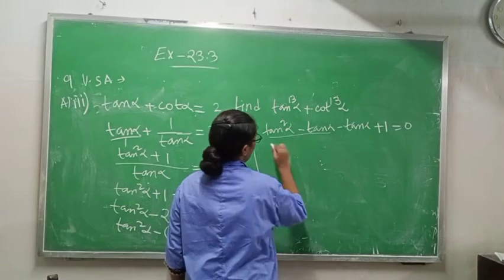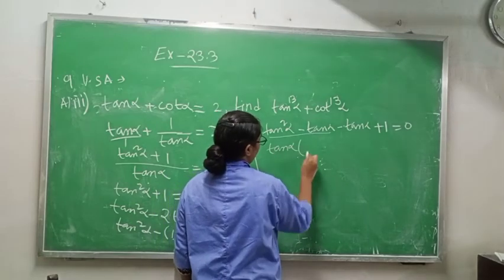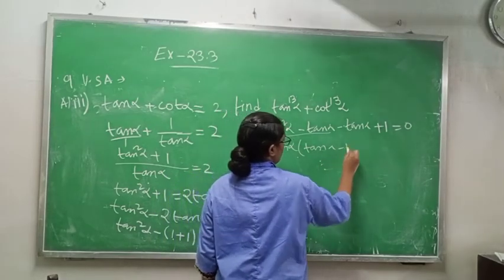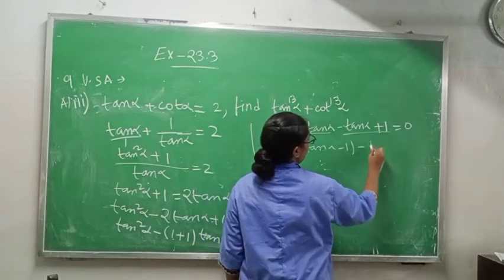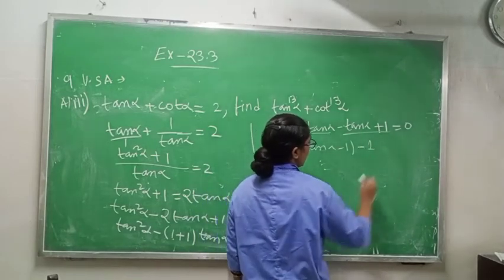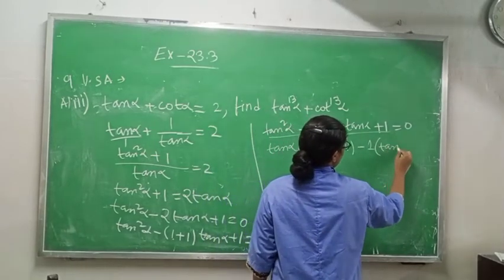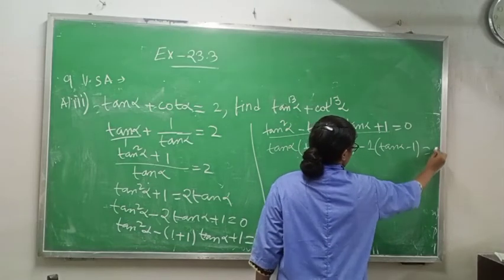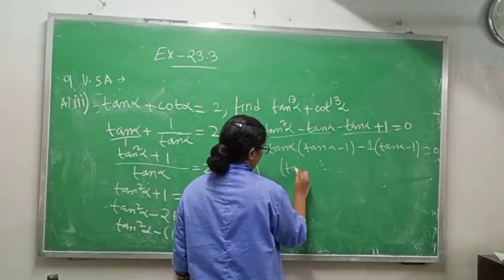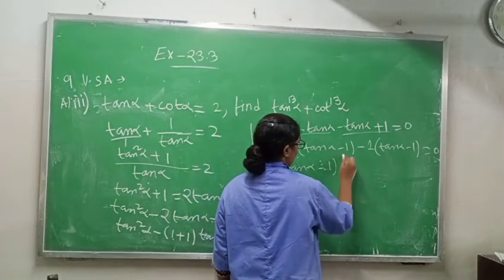Now from these two you have to take common. Tan alpha will be common, so tan alpha minus 1 left. Here only minus 1 is common. When you are taking minus common, sign will change. It will become tan alpha minus 1.